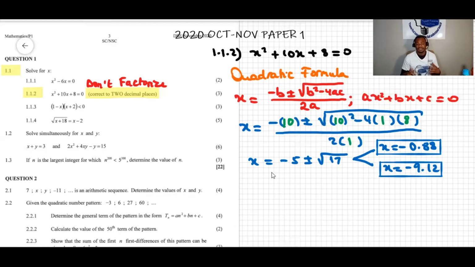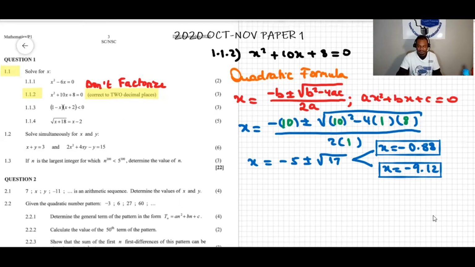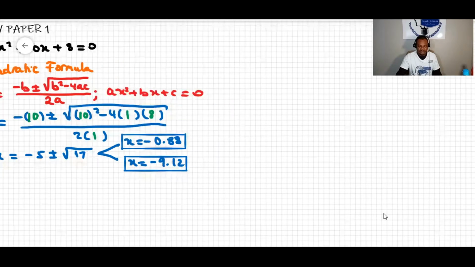Now, the same question can also be solved by completing the square. Completing the square is when we find the c value that will make the left-hand side of the equation a perfect square. Let me prove it to you. I'm going to move the boards like this.